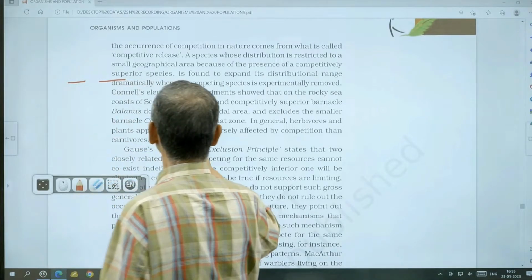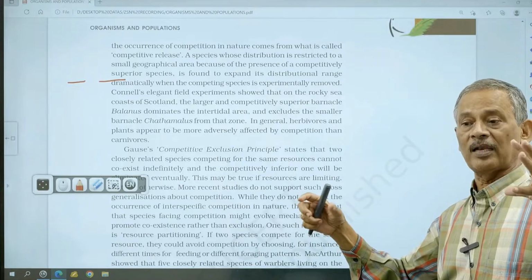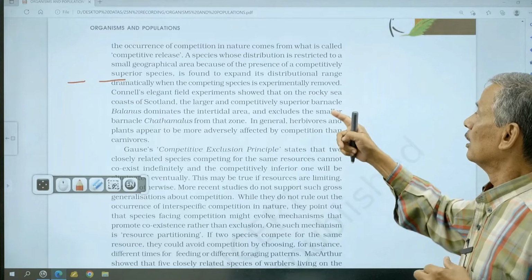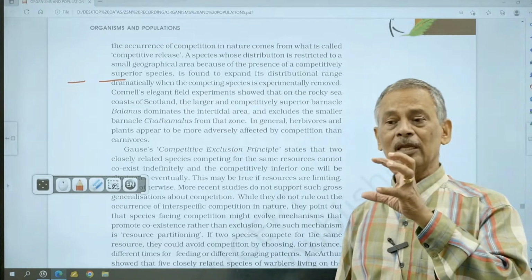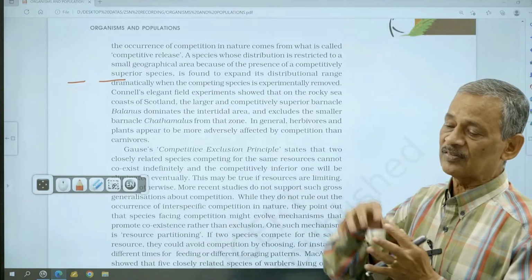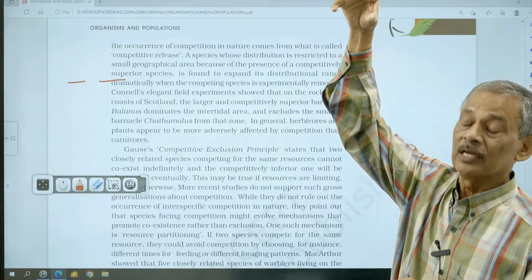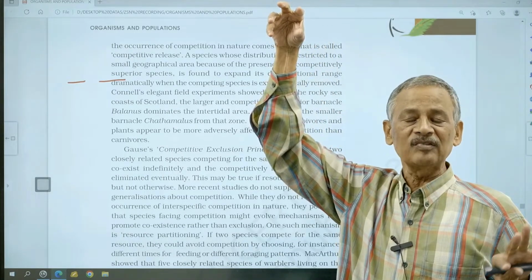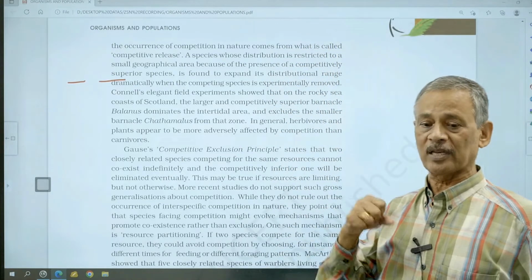He studied Balanus, a superior one, and Chthamalus, a smaller one, showing what is called a competitive release. Because of the presence of the superior Balanus, the Chthamalus is confined to a narrow area, that is the upper reaches of the intertidal rocky coast. When Balanus is removed, the Chthamalus gradually extends even to the deeper areas.